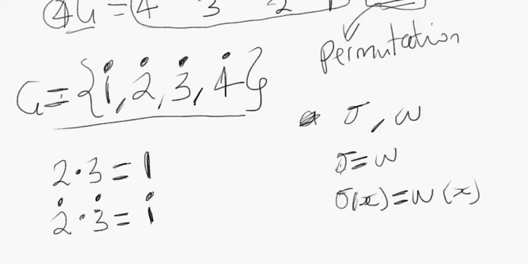If two functions or two permutations are equal, it means that when you put in an input, they give you the exact same output. The image, the domain, all of them are the same.